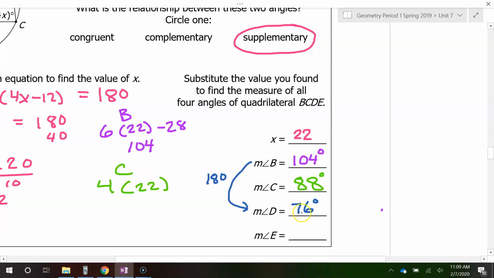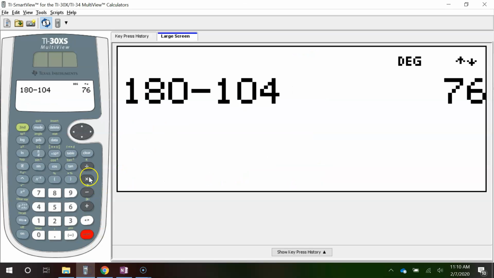So these two added up to 180. That's how I got the 76. But angle C and angle E are also 180. They're also supplementary. So I'm going to subtract from 180 again. So 180 minus 88 should give us the answer.